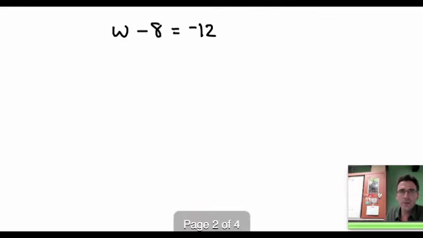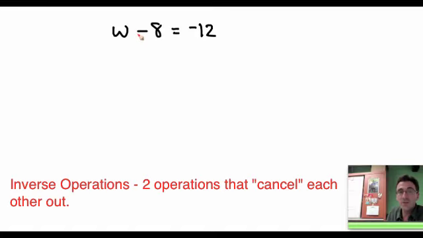A different example is what happens when we have w, a different variable, subtract 8 equals negative 12. Now same idea, we want to get the variable, the w, by itself. So in order to do that, we are going to do the inverse of subtraction, which in this case is addition. And instead of subtracting 8, we are going to add 8.